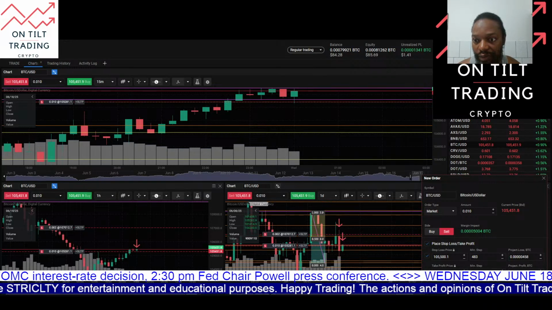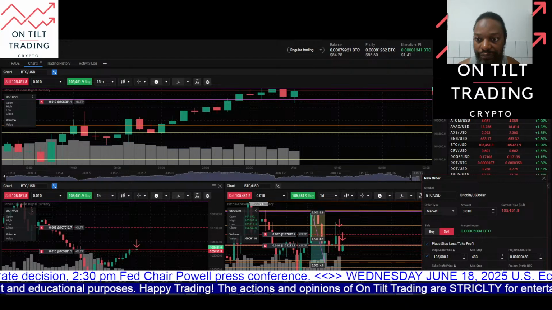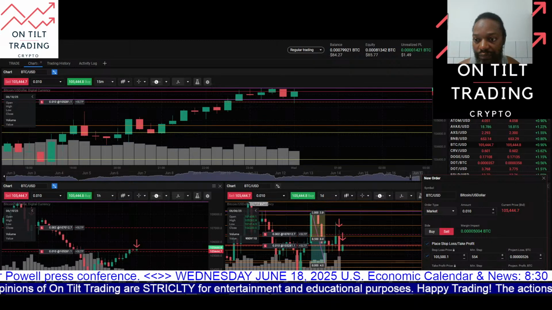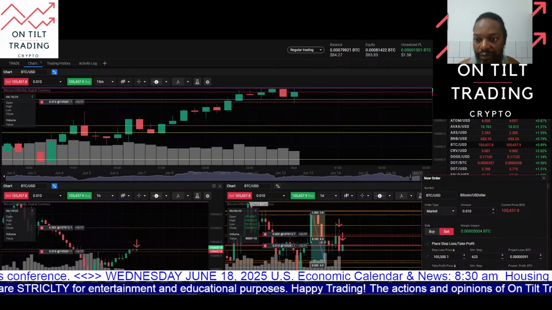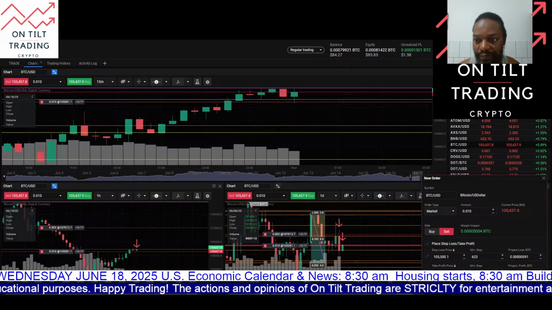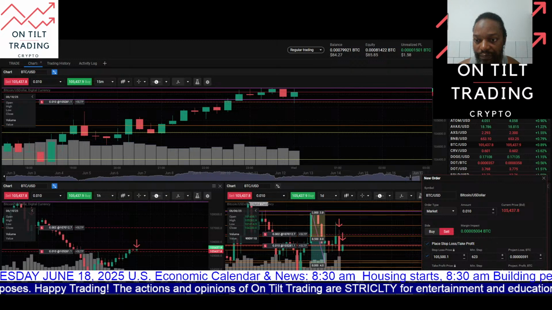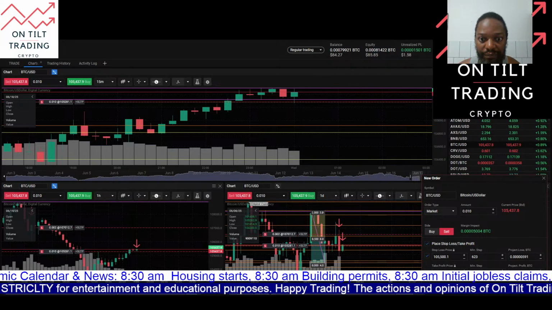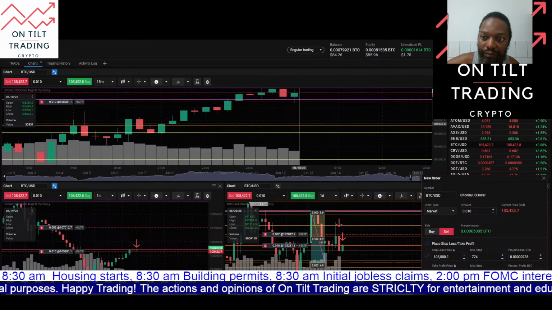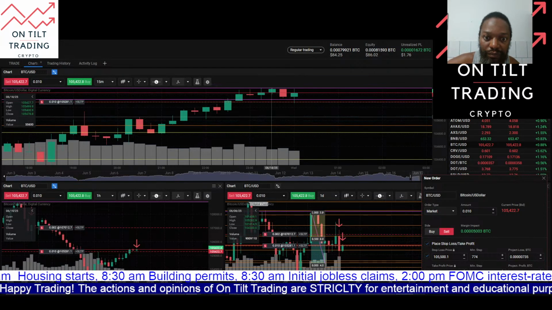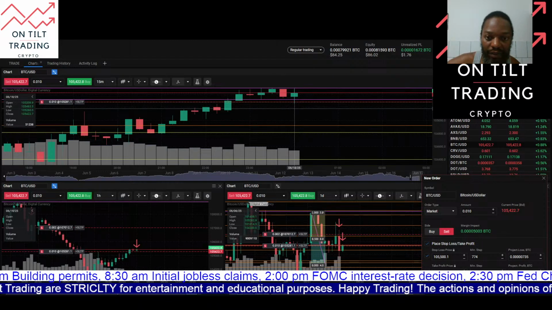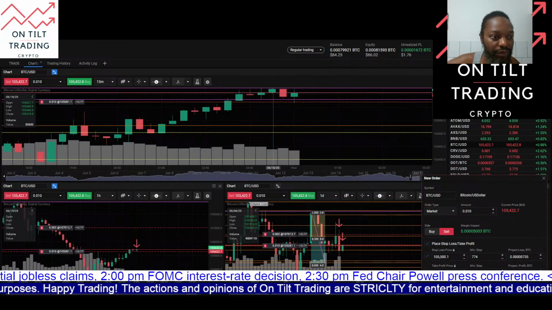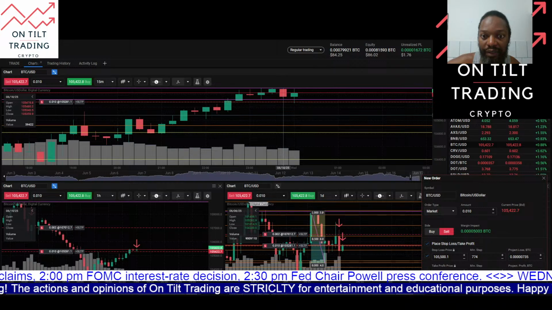Price is stalled here at the 105,450 level. And price being delivered to the sell side currently. So this candle did engulf the previous candle here, but failed to break out of the range.